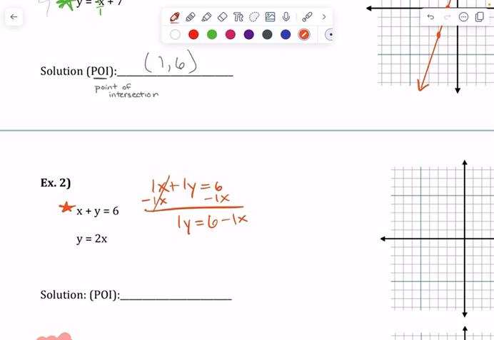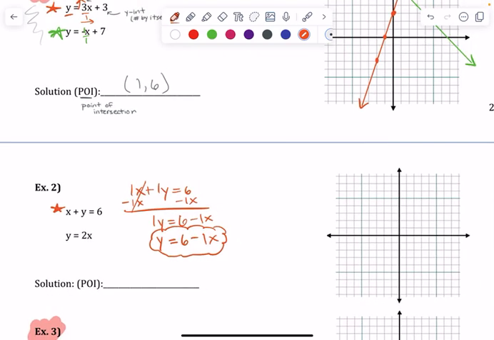And you can divide everything by 1 if you would like, but that won't change anything. So 6 minus 1x. So your y-intercept is going to be positive 6. Slope is negative 1 over 1. So down and right.